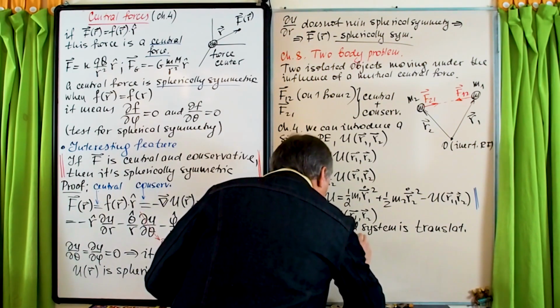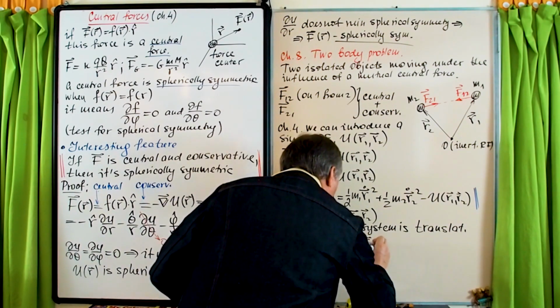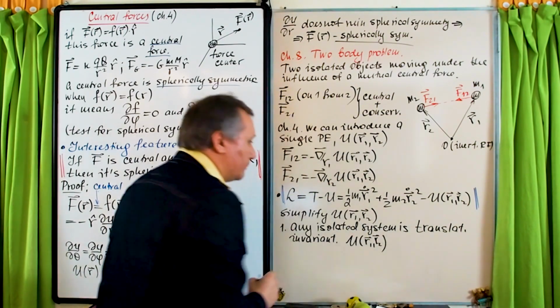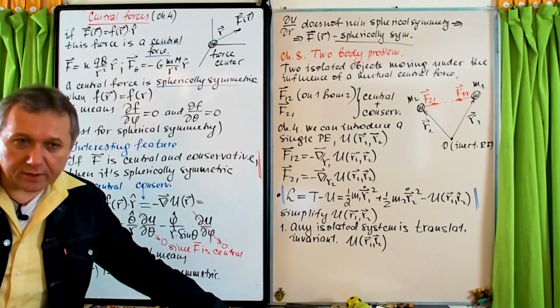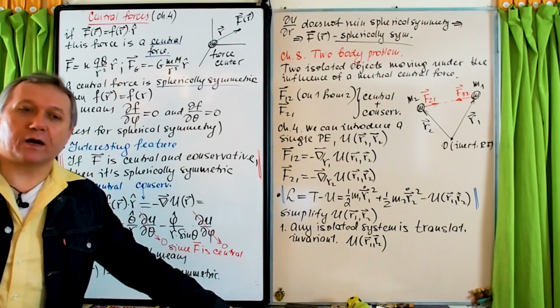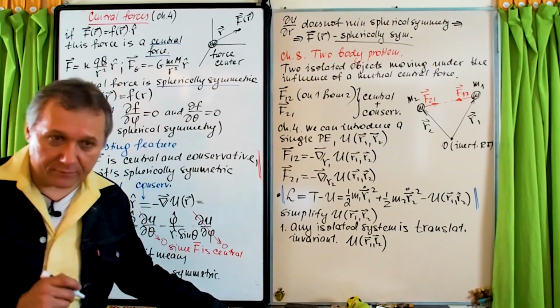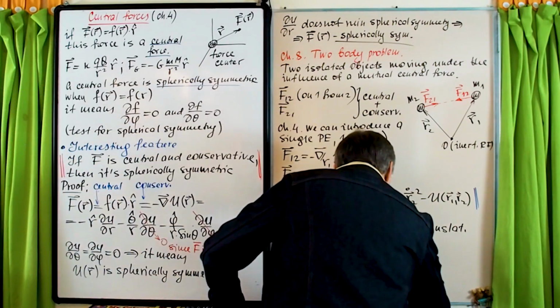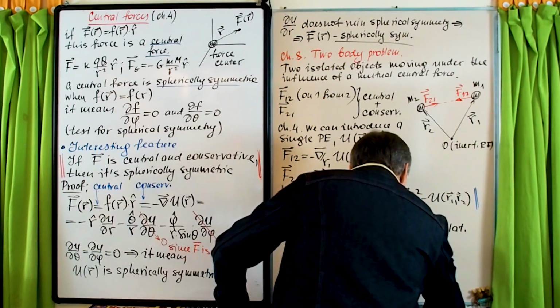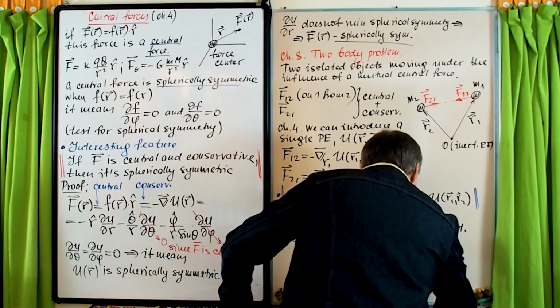It means that instead of U as a function of R1 and R2, we can write U as a function of R1 minus R2, but still a vector. So it will be U as a function of R1 minus R2.